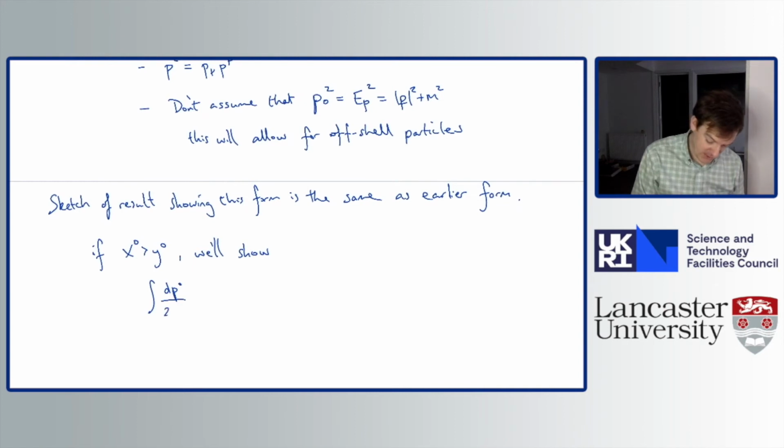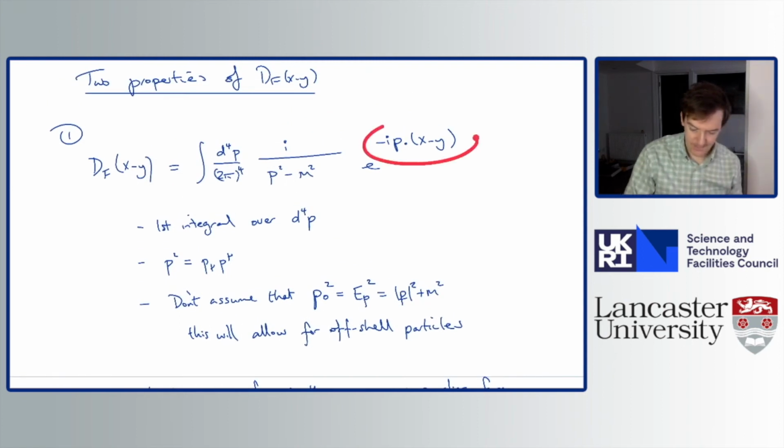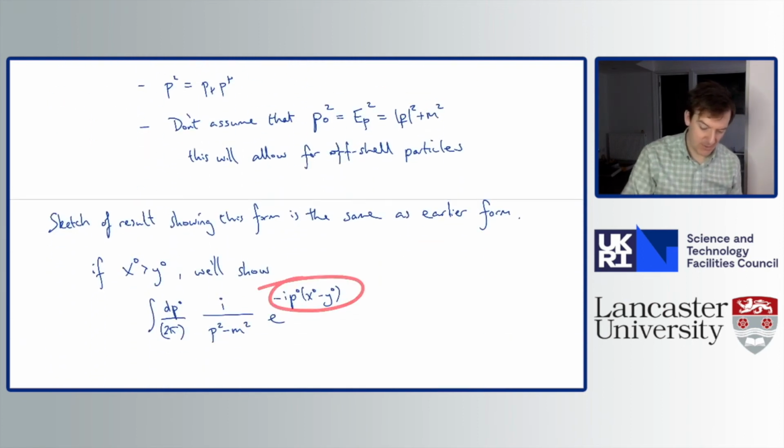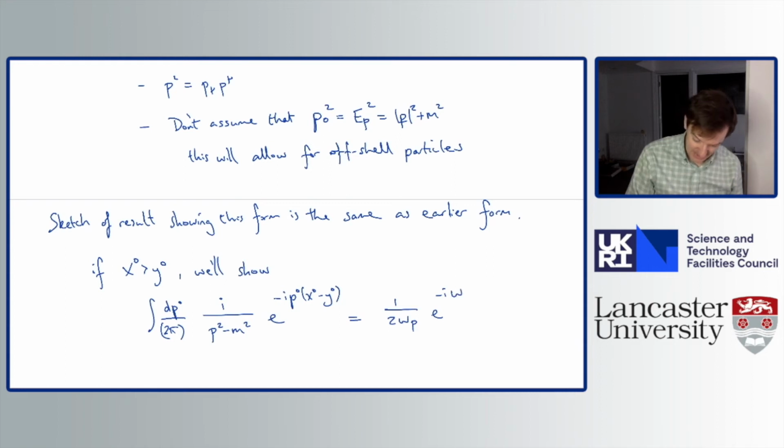What we want to show is that dp naught over 2π times this i over (p squared minus m squared) factor, with the zeroth component of the exponential, the p naught component, gives 1 over 2 omega_p times e to the minus i, where we set p naught equal to omega_p, which is what we had in our earlier results.